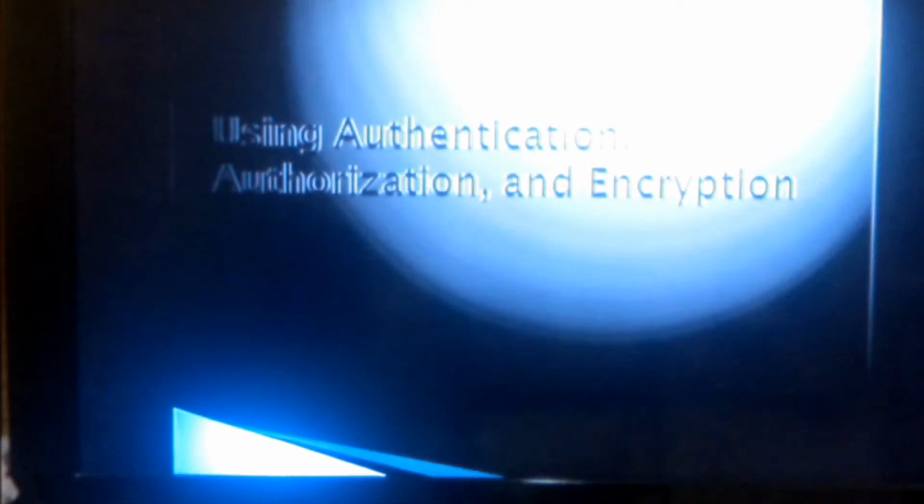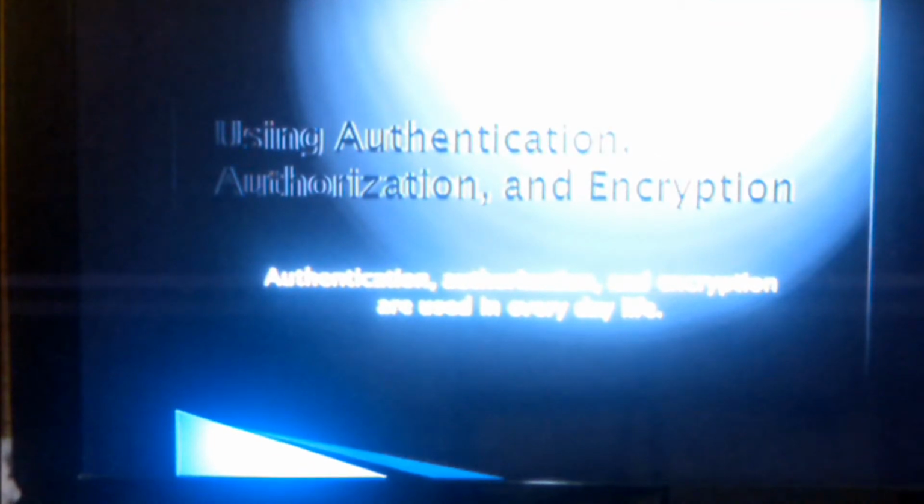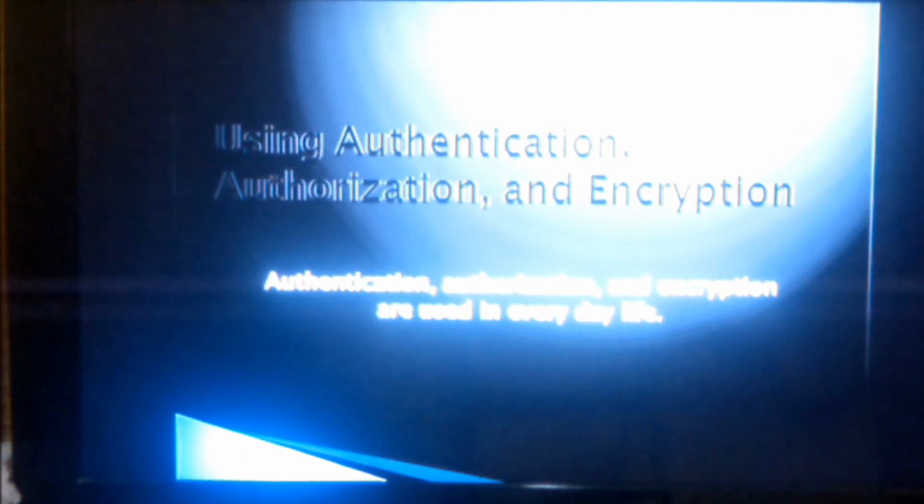Using authentication, authorization, and encryption. Authentication, authorization, and encryption are used in everyday life. One example in which authorization, authentication, and encryption are all used is booking and taking an airplane flight.